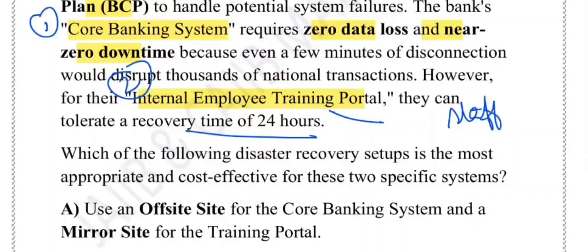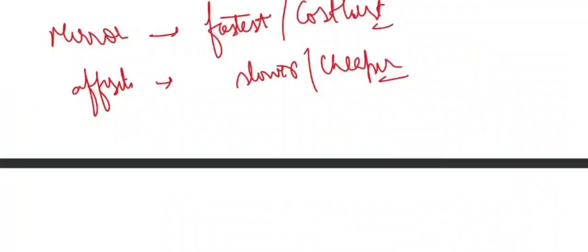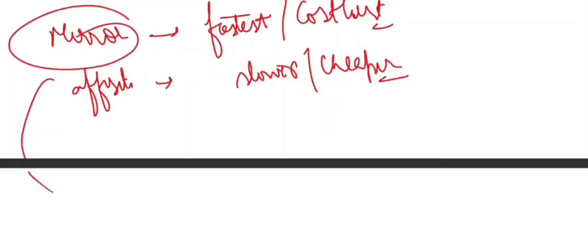Now let's look at the first one, CBS, the core banking solution. It needs a mirror site. What is the peculiarity of a mirror site? It is the fastest and costliest. Mirror site means real-time data duplication.